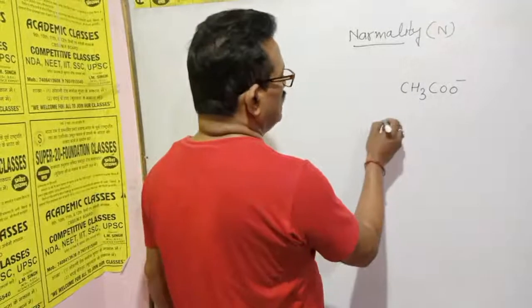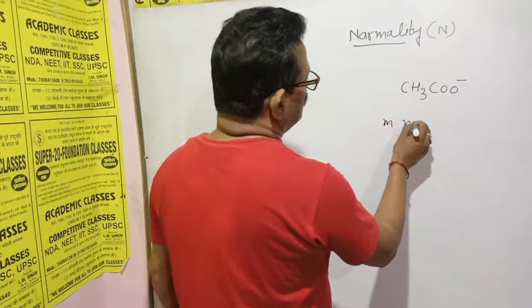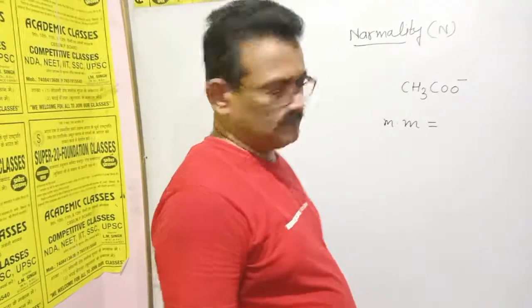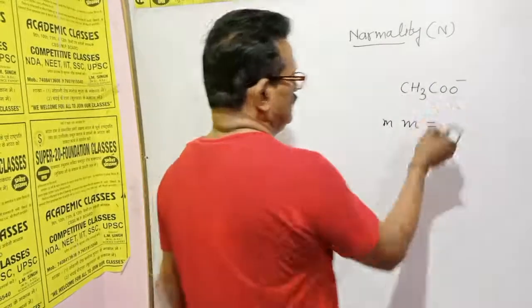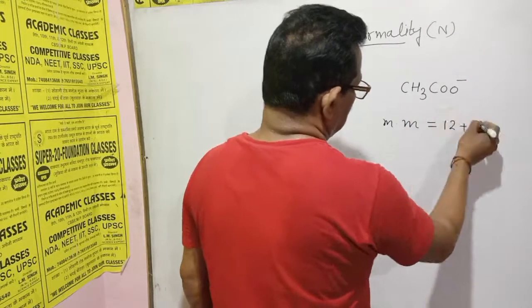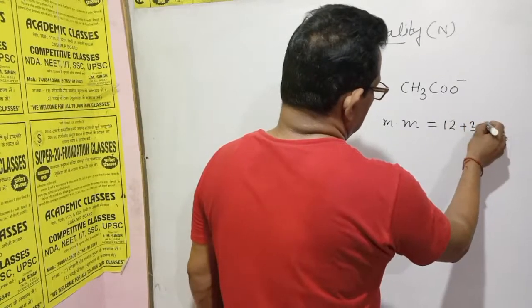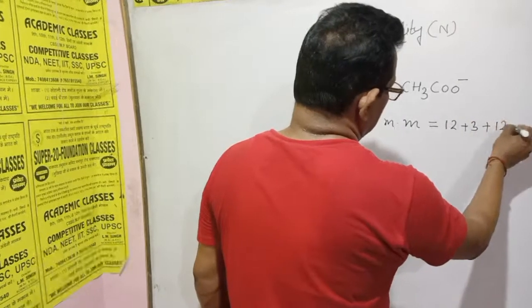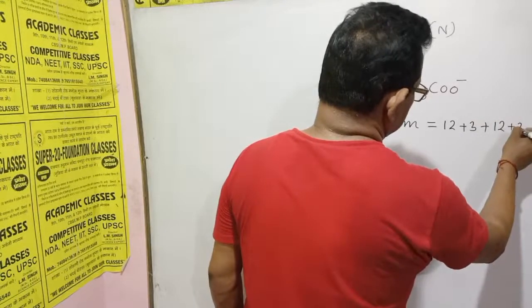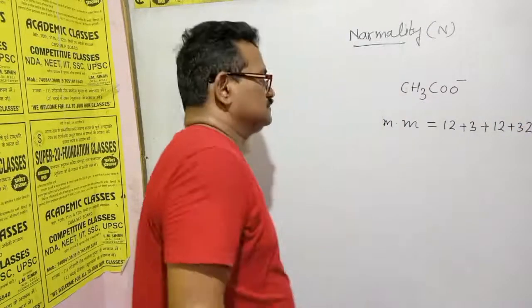First you calculate the molar mass of acetate ion here. Then you write the atomic mass of carbon 12, number of hydrogen is 3, carbon is 12, and the 2 oxygen is 32.